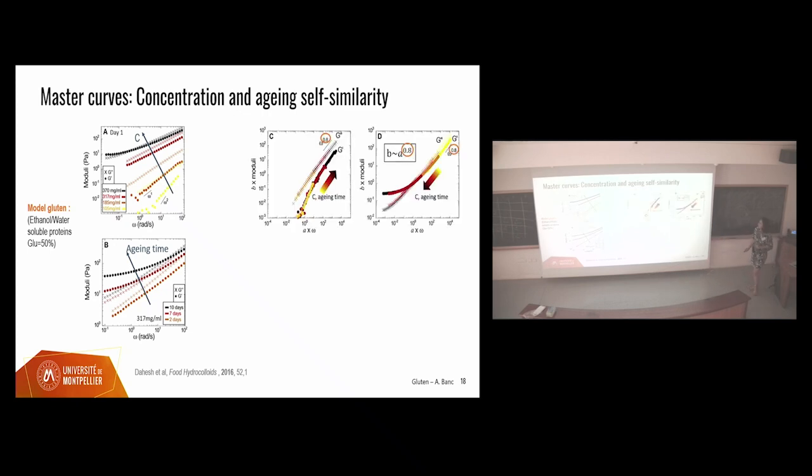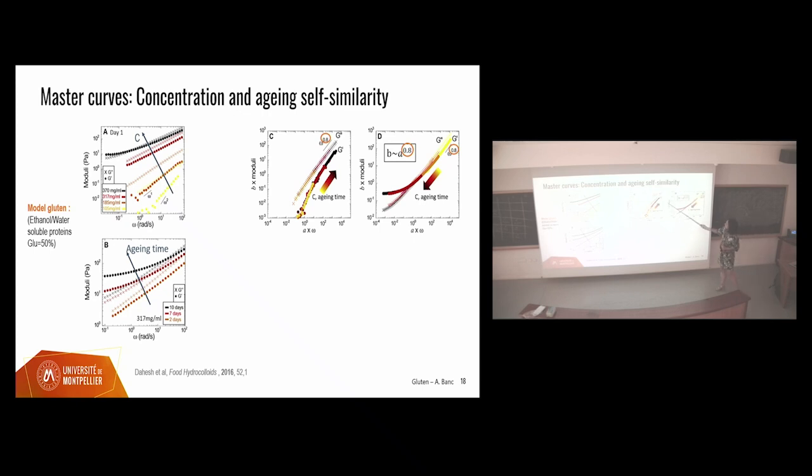And we found that all data that we measured at different concentrations and different aging times could be plotted on two master curves. To plot these master curves, we used two shifting factors, a horizontal one and a vertical one. Here we have data measured at low concentration and weak aging time, and here data measured for the highest concentration and aging time.